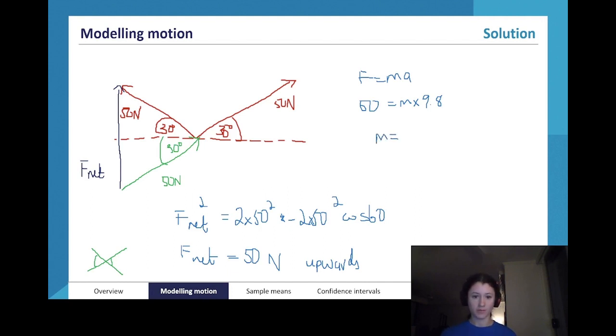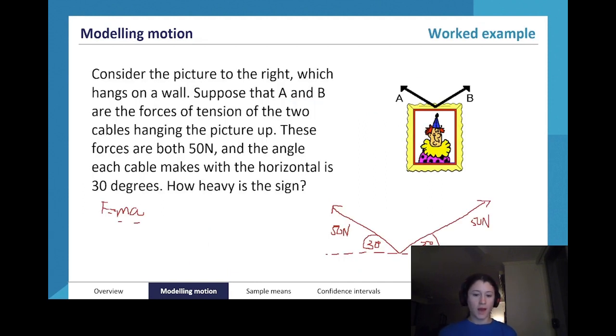So this gives us a mass of about 5.1 kilograms. Remember, the units whenever we're using F equals ma is kilograms. So, as you can see here, what we did is we started by drawing a diagram, and then of course recognizing that we needed to find how heavy the sign was.